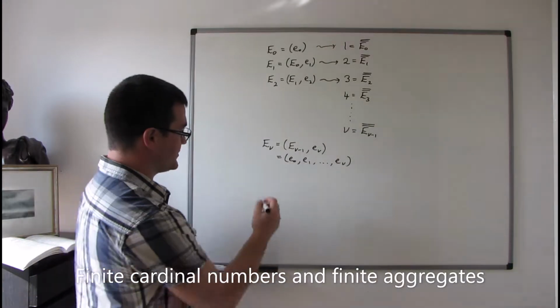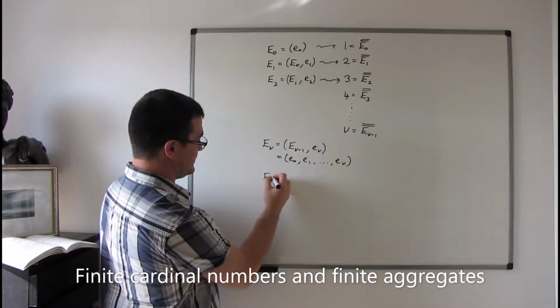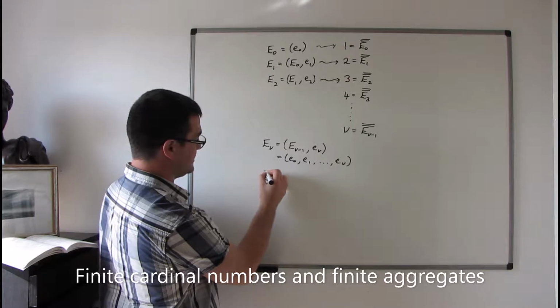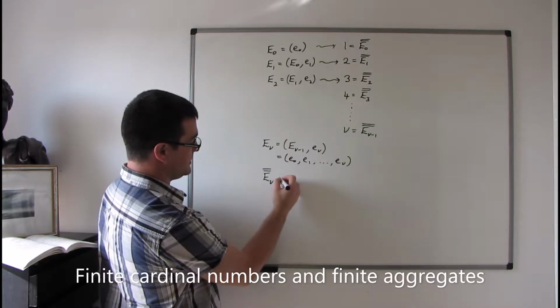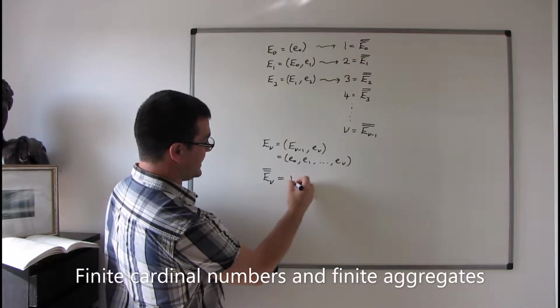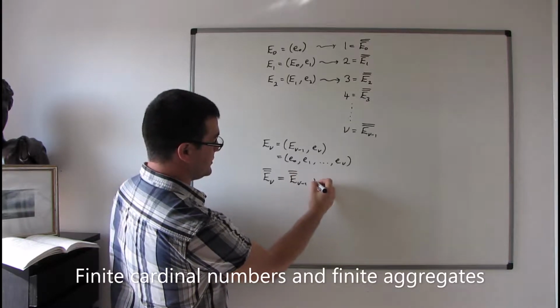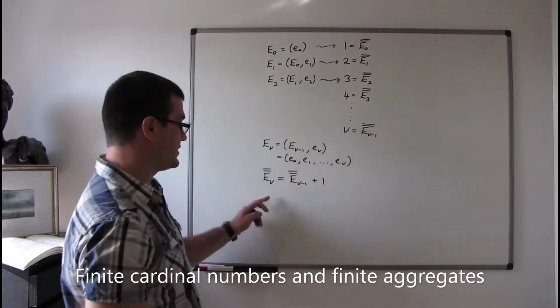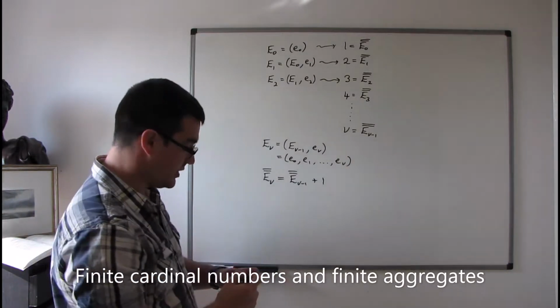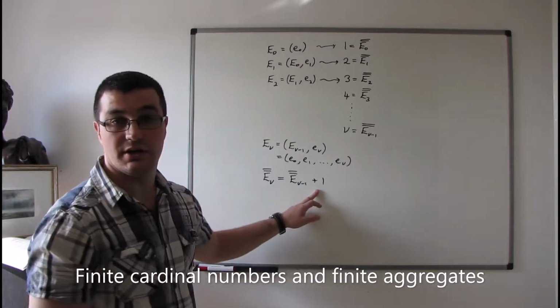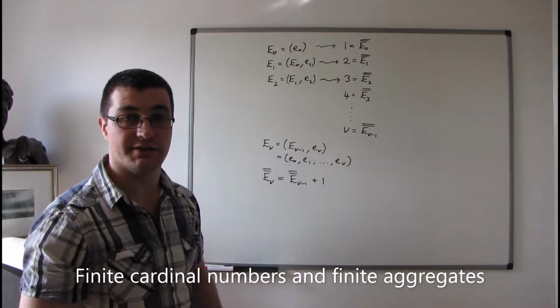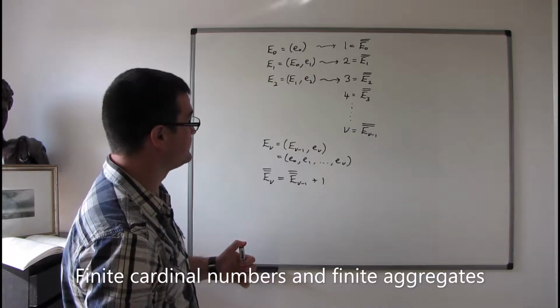It also follows from this that the cardinal number of E nu is equal to the cardinal number of E nu minus 1 plus 1. This really comes from the definition of addition of cardinal numbers that we defined earlier in the video.